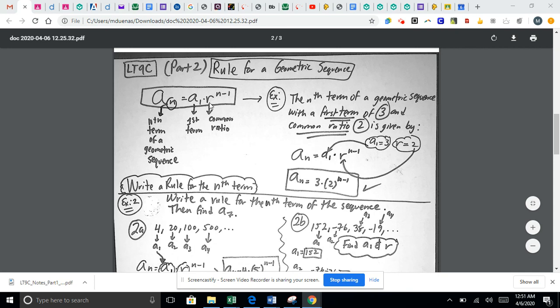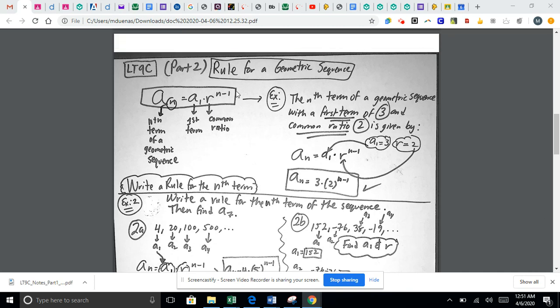The new one here is the common ratio. It's your R. We find R by finding the ratios, just like we did in the two problems previous to this. And then n minus 1 is the exponent here because, to find the next term, we have to multiply by the ratio one fewer time.